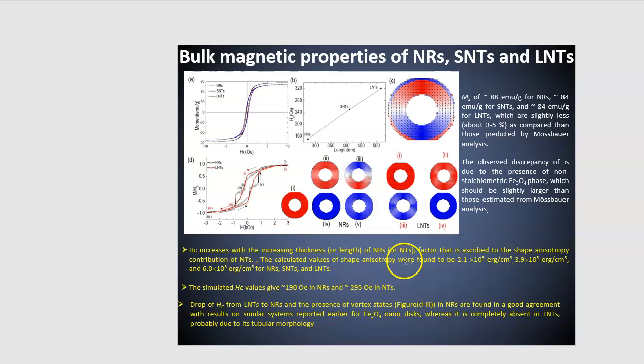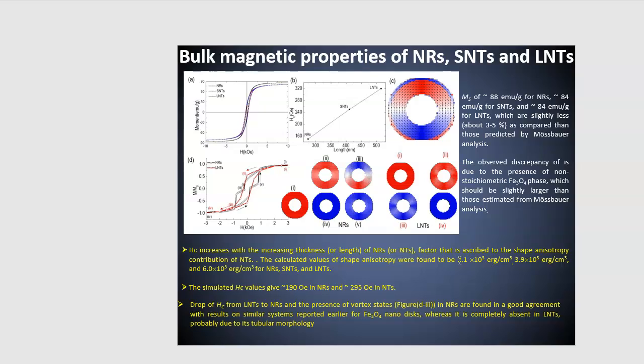The observed shape anisotropy was found to be approximately 2.1 × 10^3 erg per centimeter cube for nanorings, whereas for long nanotubes it was 6.0 × 10^3 erg per centimeter cube.